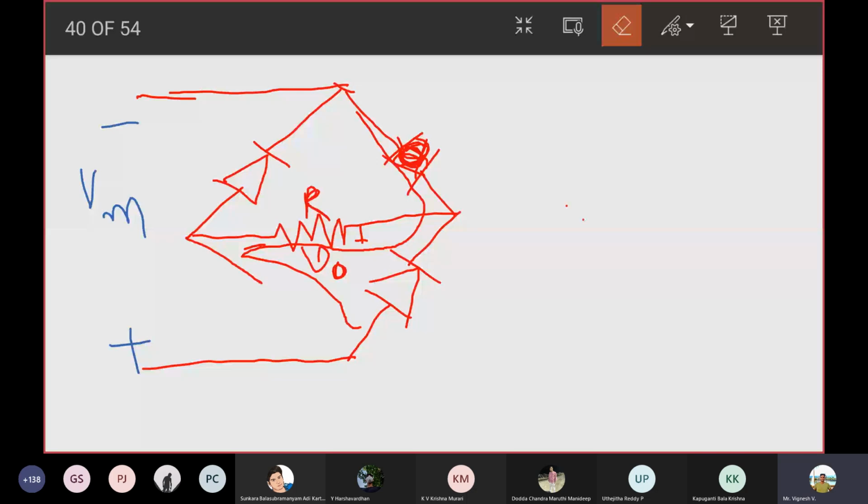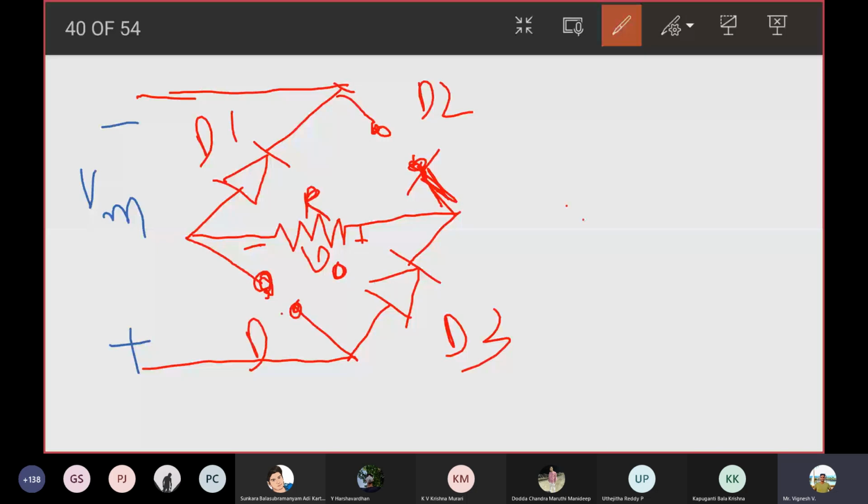So these are the diodes which are off, right? Not on, I think I said on. These are the diodes which are off. I haven't named the diodes. If D1, D2, D3, and D4, D2 and D4 are off. D1 and D3 are on, right?